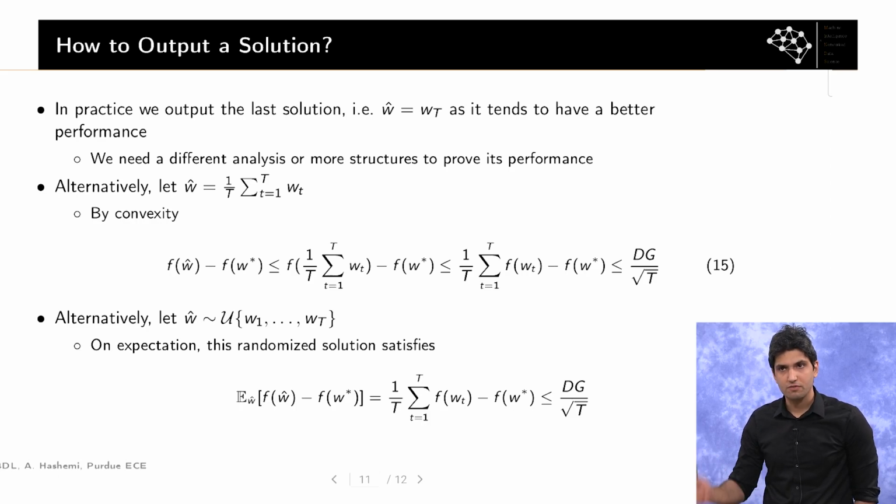So we run the algorithm for a certain number of iterations, let's say 100 iterations, 1,000 iterations, etc. And we set our solution to be the last iterate. What's the last point we find after running the gradient descent algorithm? Okay, and the idea here is that in practice this tends to enjoy better performance, meaning it tends to enjoy lower suboptimality.